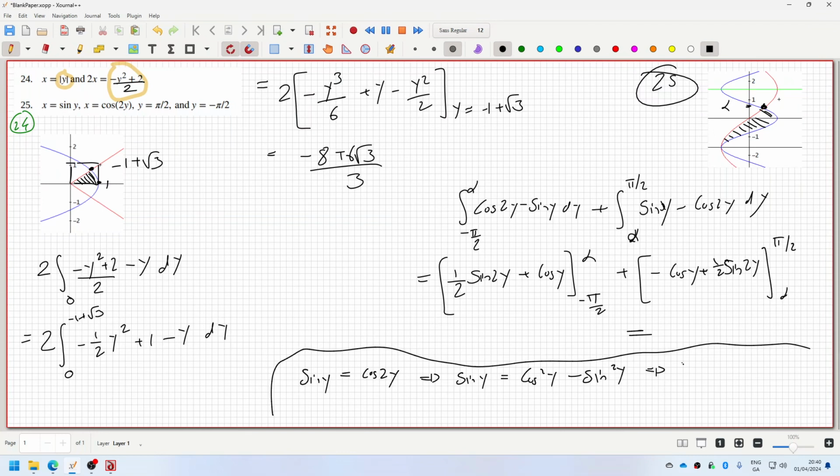And then cos squared y is 1 minus sine squared y. So that means I have 2 sine squared y plus sine y plus 1 equals 0.